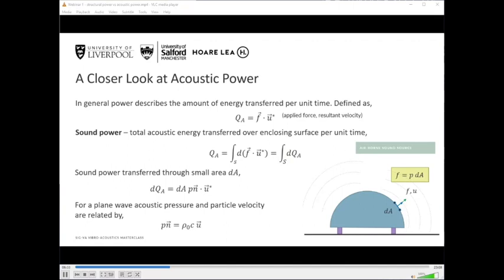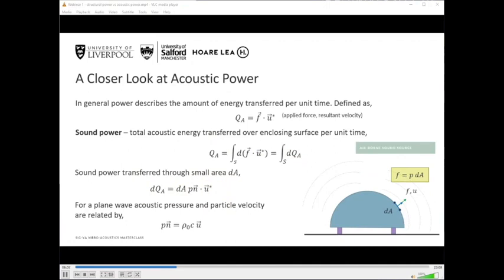Now, if we recall that force is just pressure times area, we can express this dq term in this form here, where we have dA, the small area, P, the pressure, times U, the particle velocity. Now, to make life a little easier, we can assume that we're dealing with plane waves.